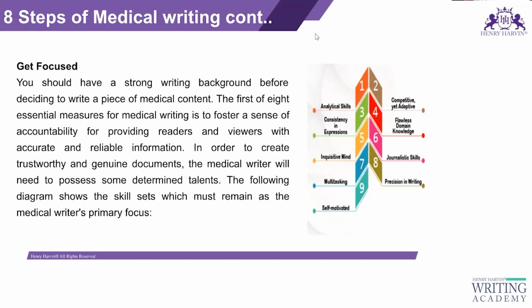The first of the 8 essential measures of medical writing is to foster a sense of accountability for providing readers and viewers with accurate and reliable information. So the first thing you have to develop is that whenever you are asked to write any content, any document, your first and foremost priority should be to provide your readers with the most accurate and most reliable information.